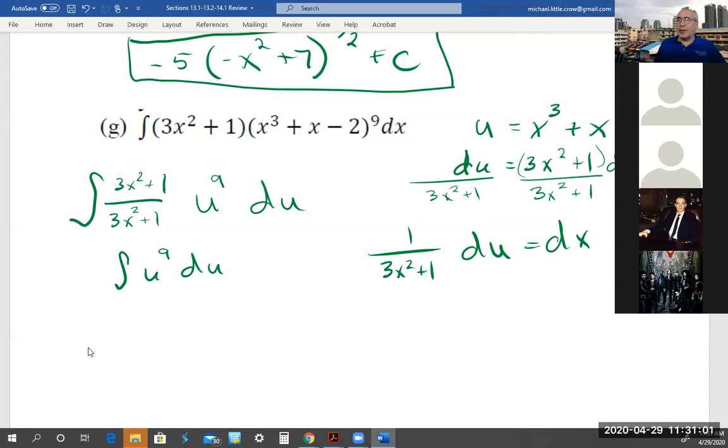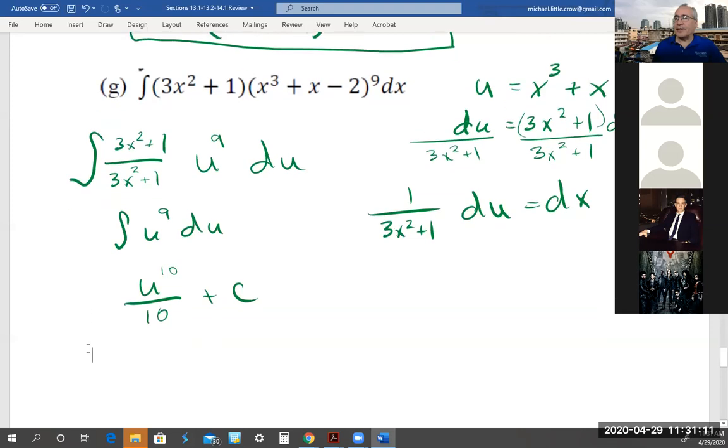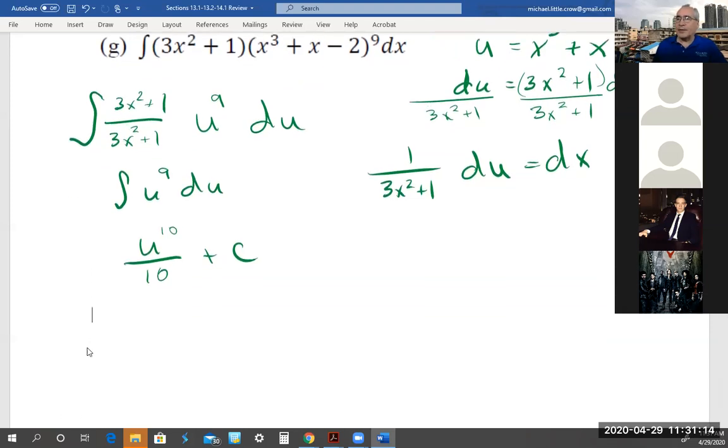Add 1 to the exponent, we get u to the 10th. Divide by that new exponent plus a constant, and then we just back substitute. Okay, so I'm going to write this as 1/10 times what u is, which is x to the 3rd plus x minus 2, all to the 10th power plus a constant.